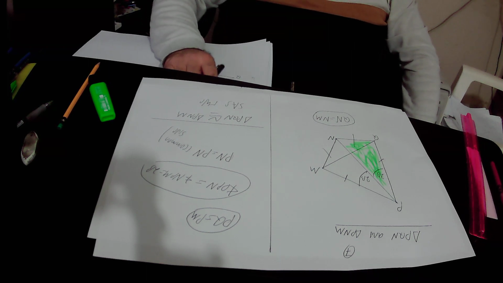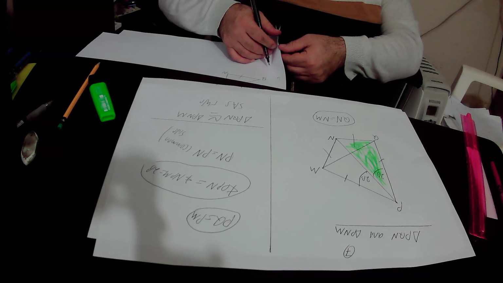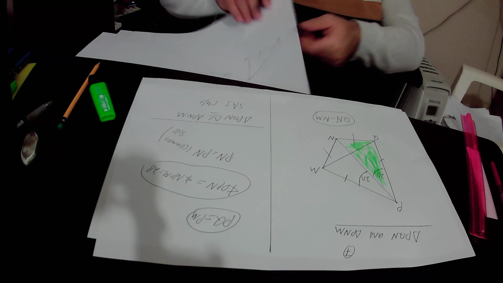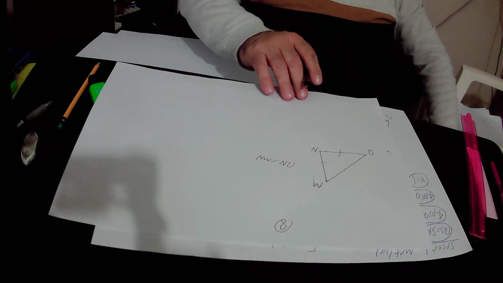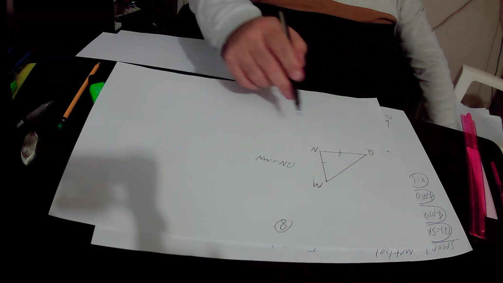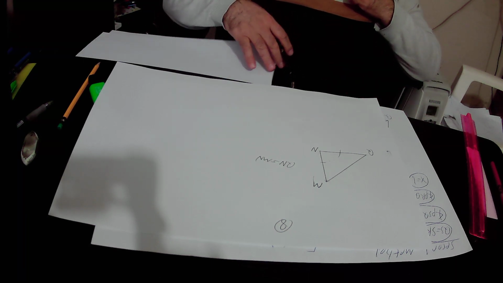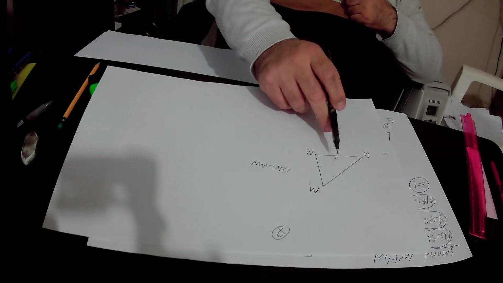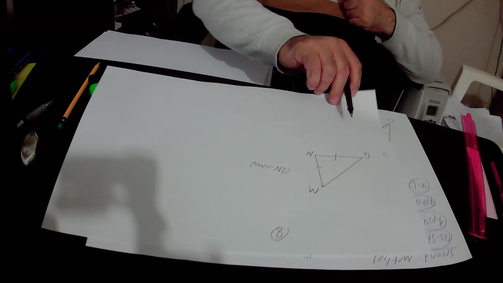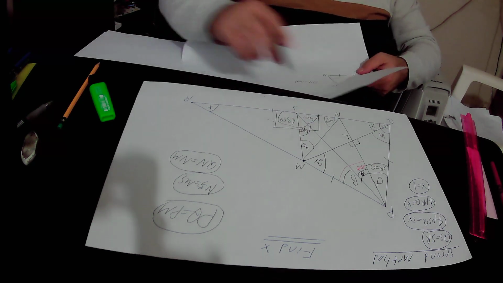So this is the triangle Q and M. We know that QN equals MN, and we also know that angle MQN equals x.